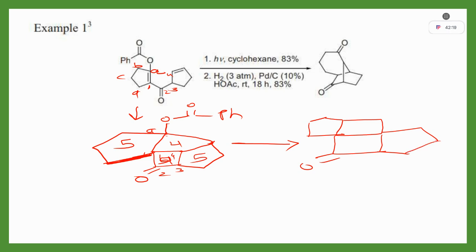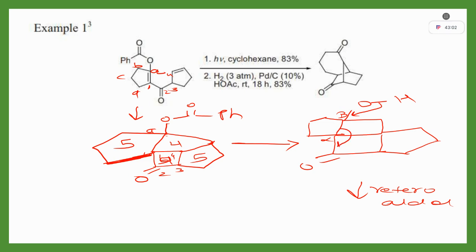So basically, students, this will become your OH. Okay. And now, see, alpha, beta, beta-hydroxy is visible here. Now, acidic condition is given. In acidic condition, it will undergo retro-aldol. Let me write this bond by opening it. This bond will come here.